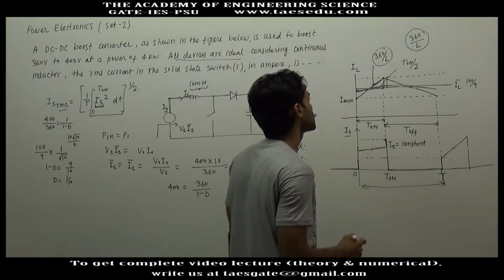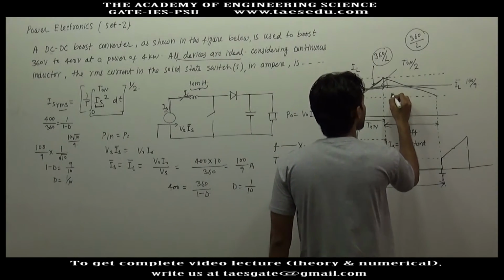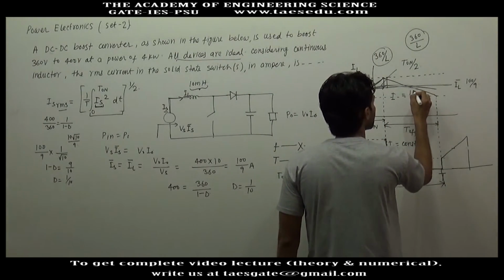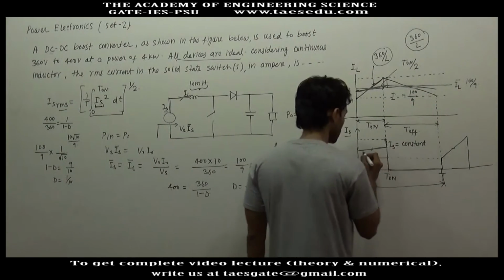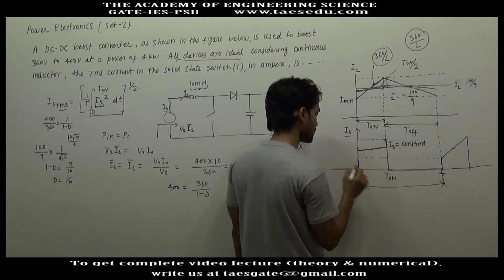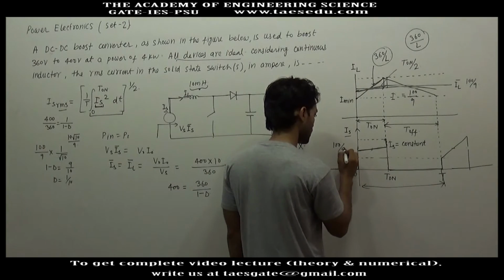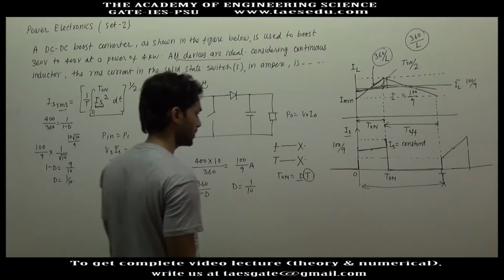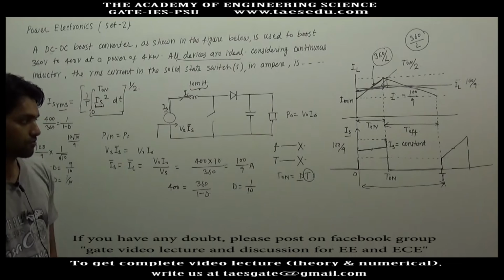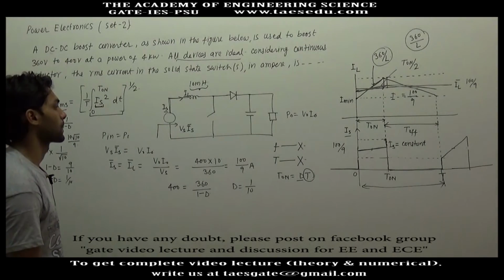If it is constant, that constant value will be the average value. So here also the constant value of switch current will be 100 by 9 ampere, for a duration of 0 to t on.